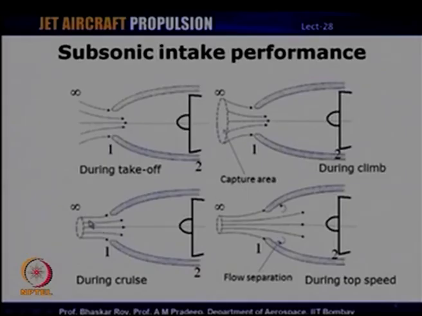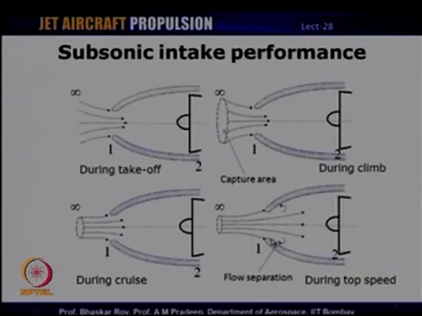During cruise, on the other hand, you can see that the capture area has reduced substantially. It is usually lower than the intake entry area, as you can see here, which means that there will be some amount of deceleration or diffusion taking place even before the flow enters the intake, because this is a subsonic flow.